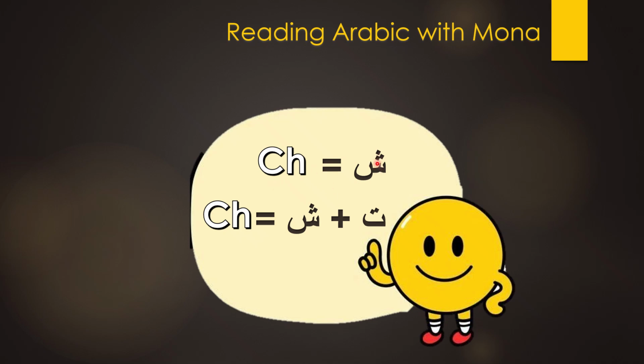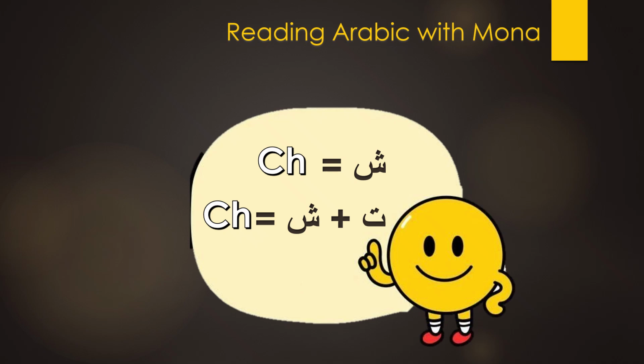So the Sheen in Arabic replaces the ch sound. Sometimes when we want to be precise, we add ta to the sha to give the exact sound ch. And sometimes we just simply write the English name in Arabic with sh sound.